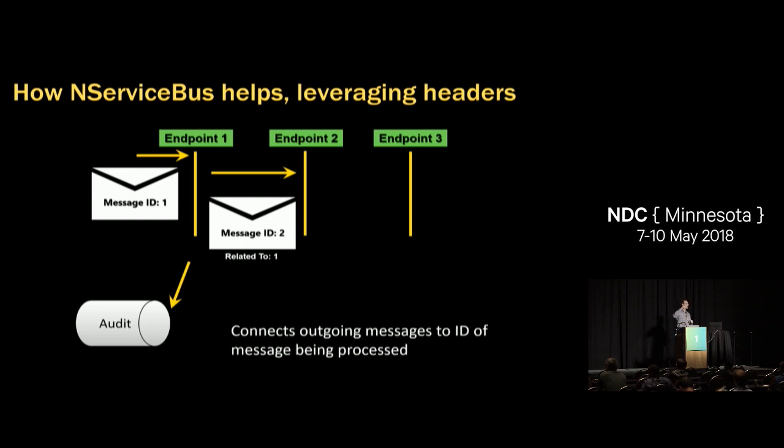when message number 2 is published as a result of processing message number 1, when we audit that, we store that trail of breadcrumbs.